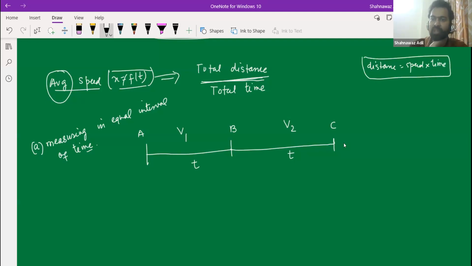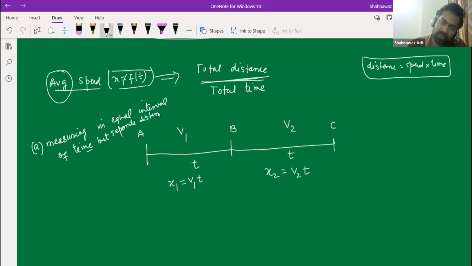The object is not accelerating; we are assuming constant uniform motion. So this distance, let's say x1, is V1 into T. Then we have x2 distance, that would be V2 T. So we are measuring in equal intervals of time, but separate distances.